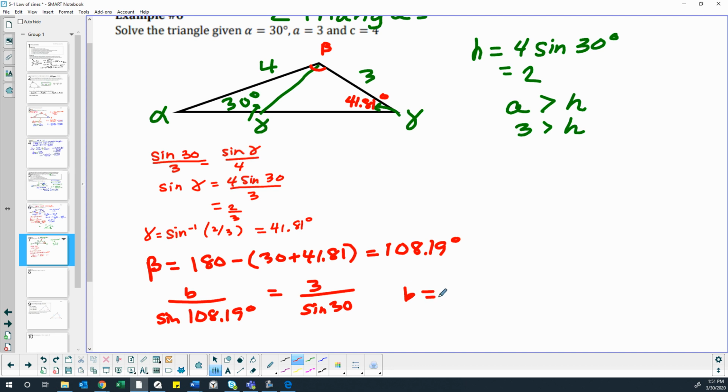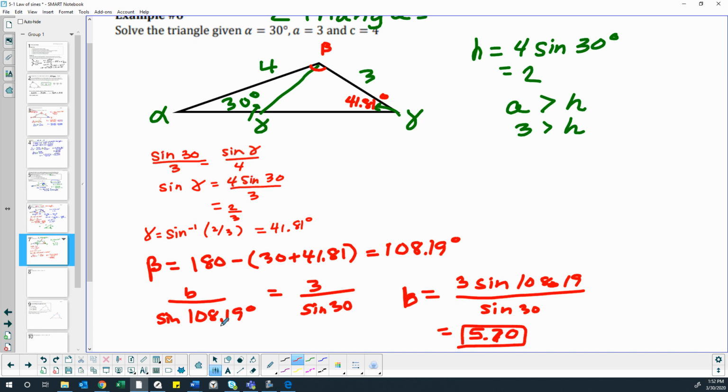So B would be 3 sine 108.19 over sine of 30. Which is what? Yeah, I'm going to put the 0 just so that I know I rounded it to the nearest hundredth, even though it's a 0. Okay.